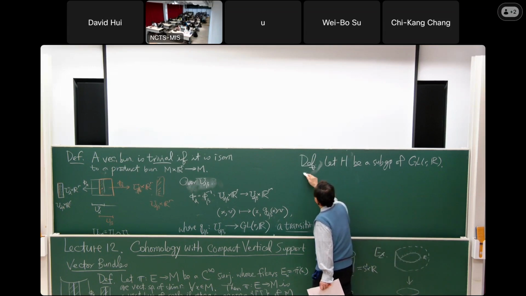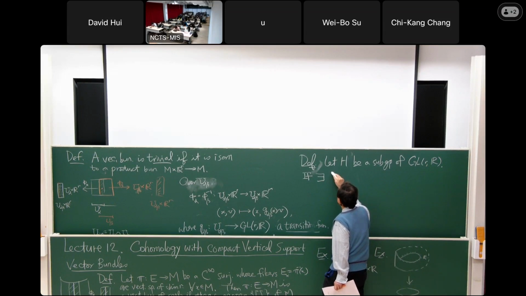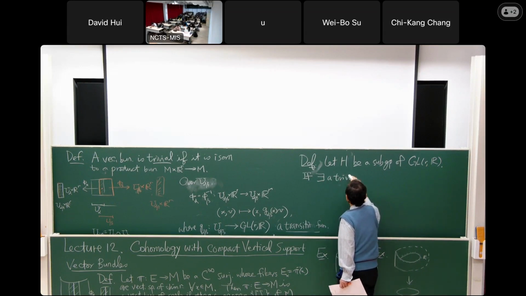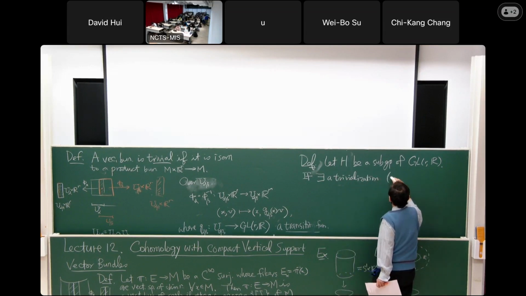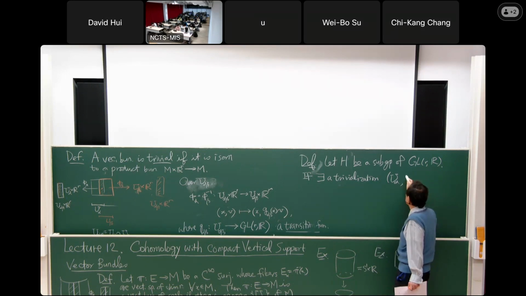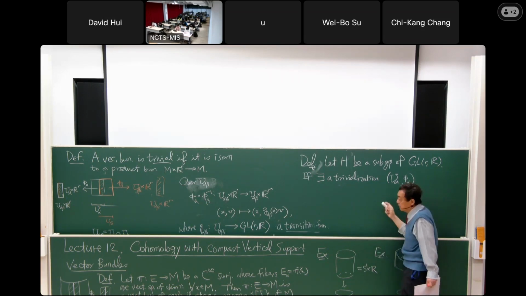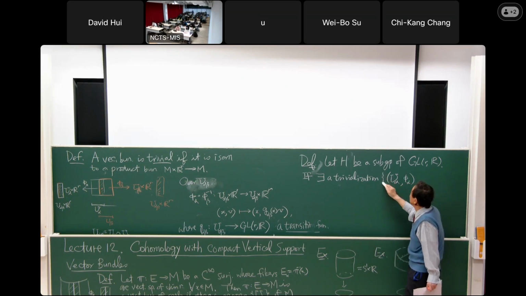If there exists a trivialization, so a trivialization is given by an open cover, and then on each open set you have this local trivialization phi alpha, okay?